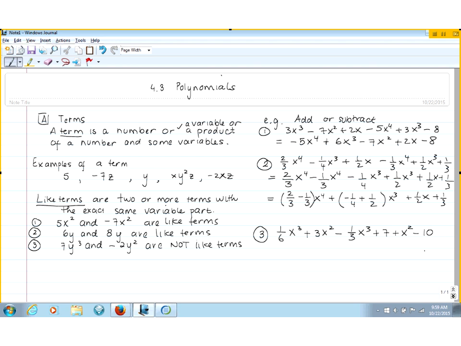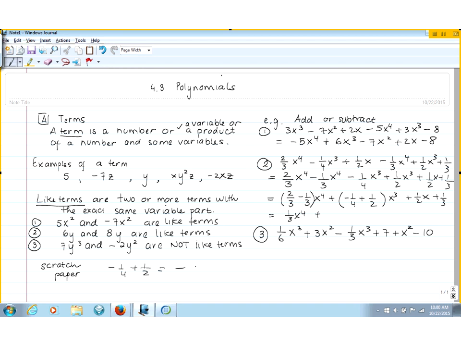Finished? Okay. So, what's the answer here? So what is 2/3 minus 1/3? Yes, 1/3 x to the 4th. Now, what about these? I'm going to use my scratch paper. Negative 1/4 plus half.